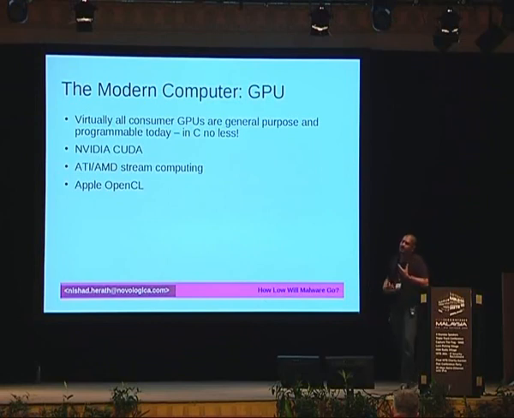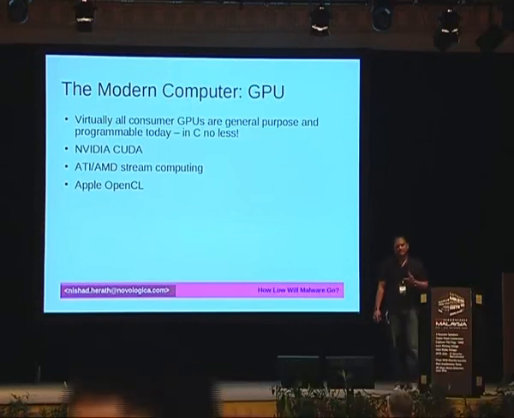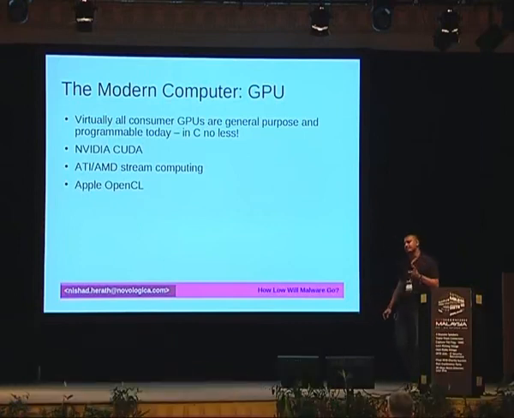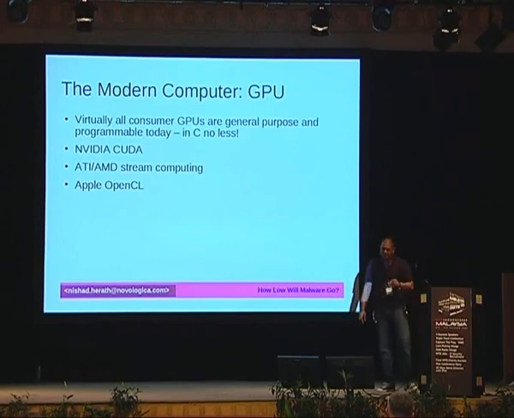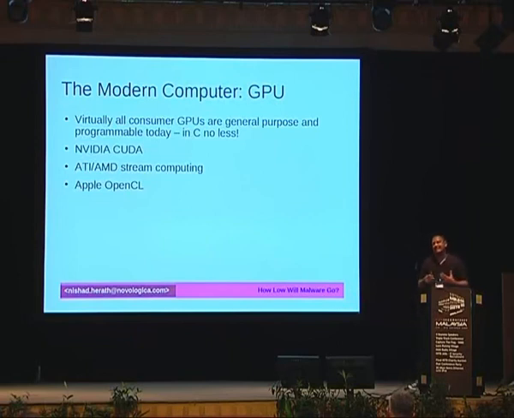If you look at the general GPU landscape today, virtually all GPUs out there are to some extent programmable in a general purpose fashion. And a lot of these GPU frameworks actually provide you the ability to write either C or C-like code. Now, the question is, what does this have to do with malware, right?